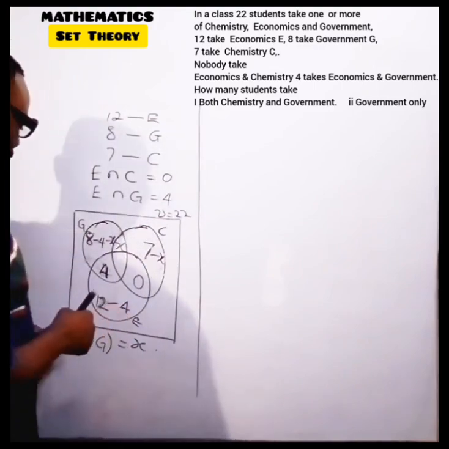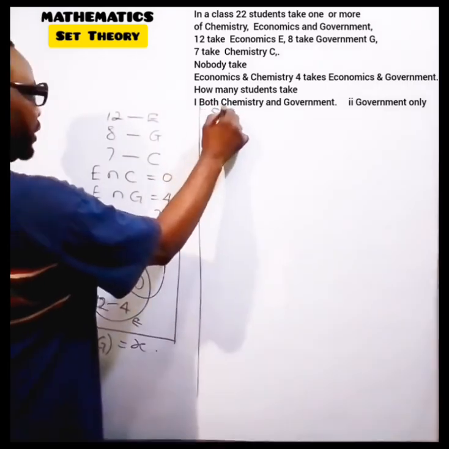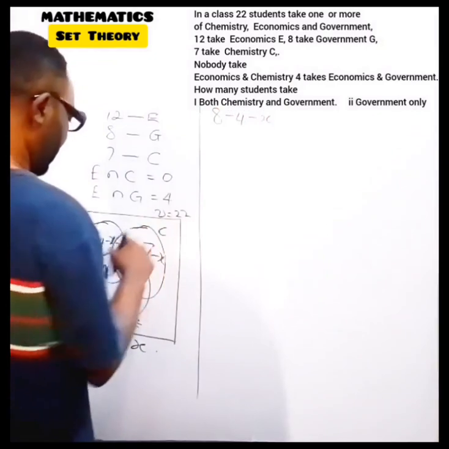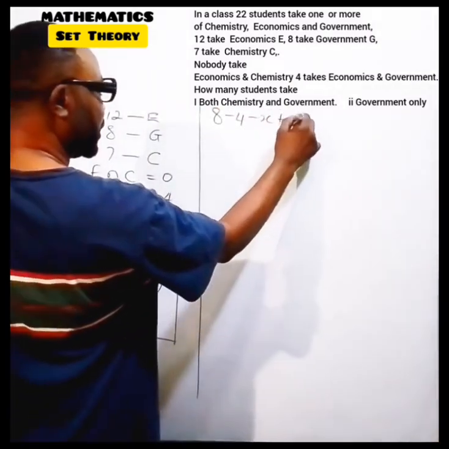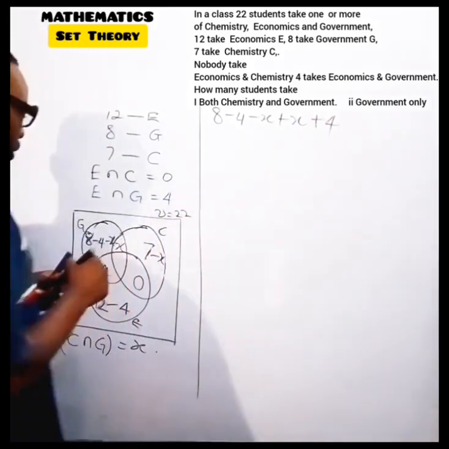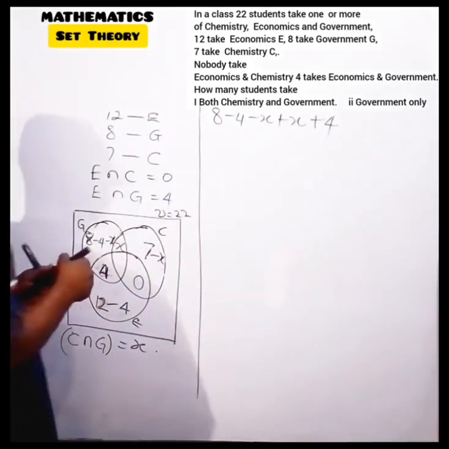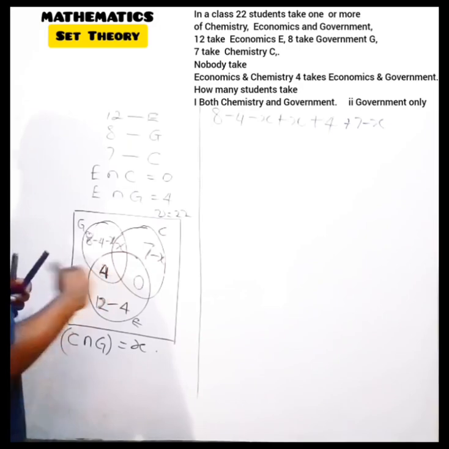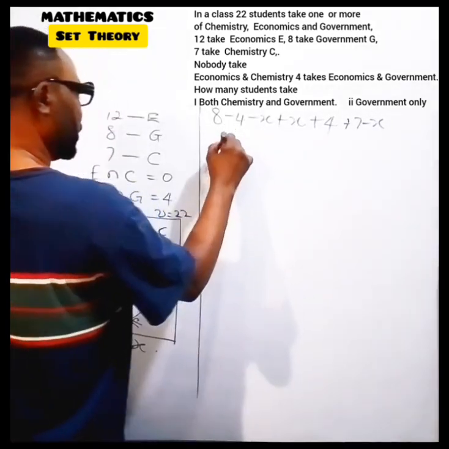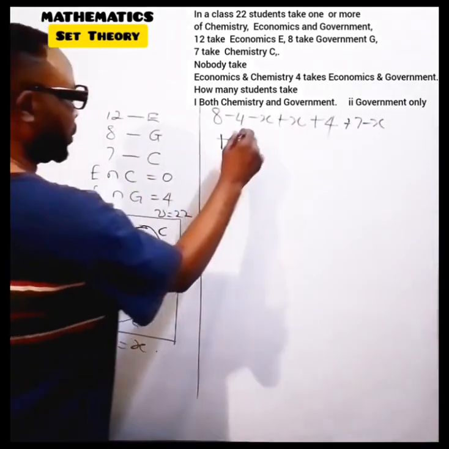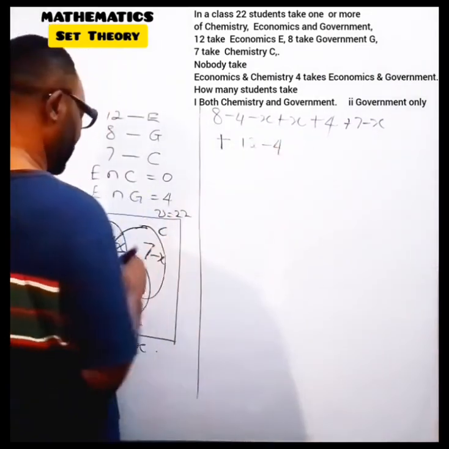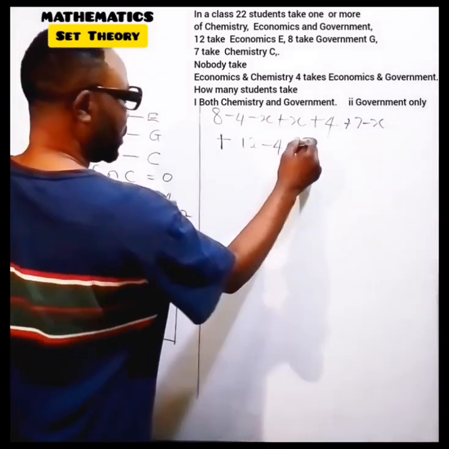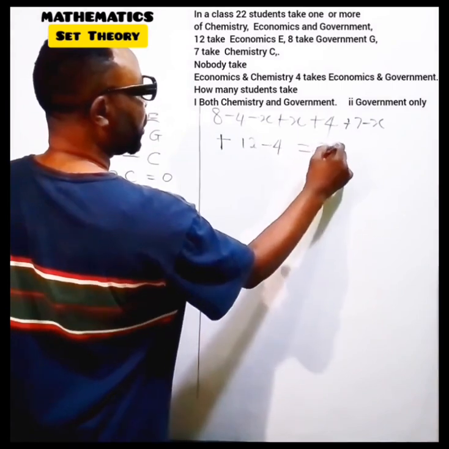So the whole thing will be 8 minus 4 minus x, plus x, plus 4, plus 7 minus x, plus 12 minus 4, is equal to 22.